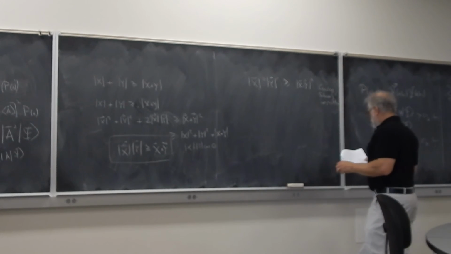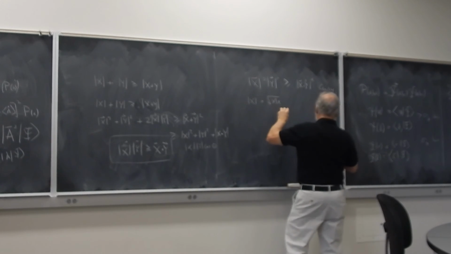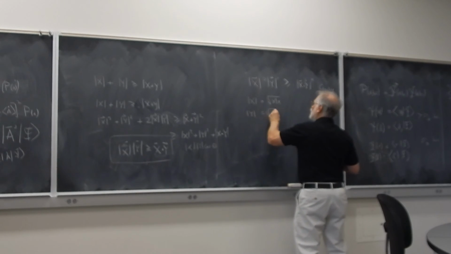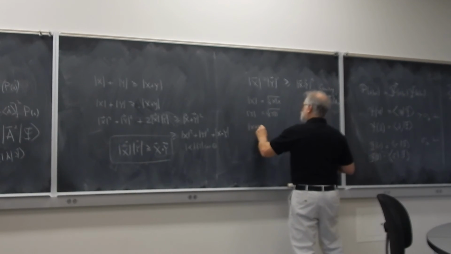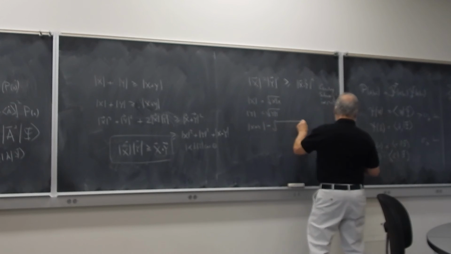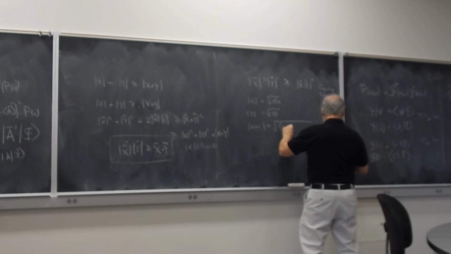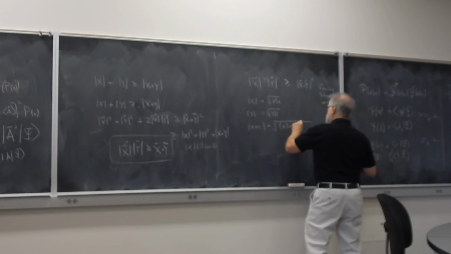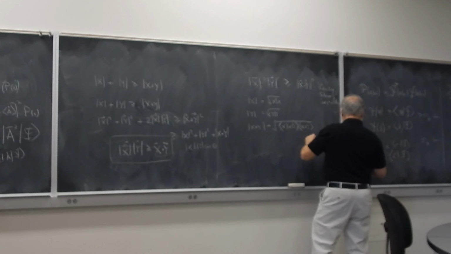Now for complex vector spaces, it's a bit more complicated because the magnitude of x is equal to the square root of x times x. The same thing for y. And the magnitude of x plus y is going to be equal to the square root of x plus y times x plus y.